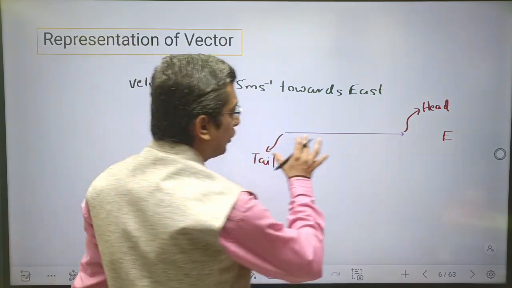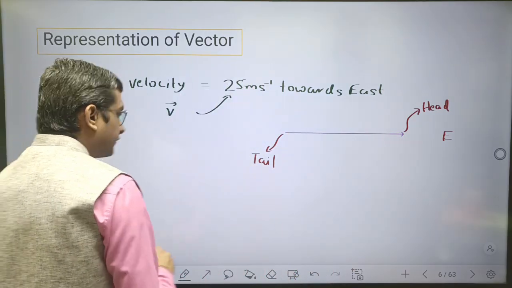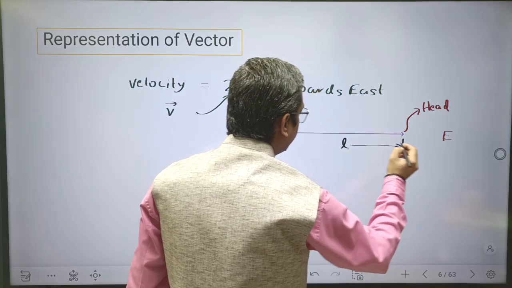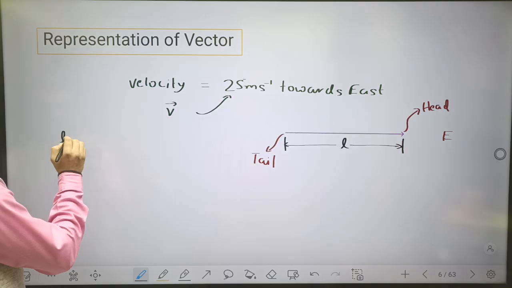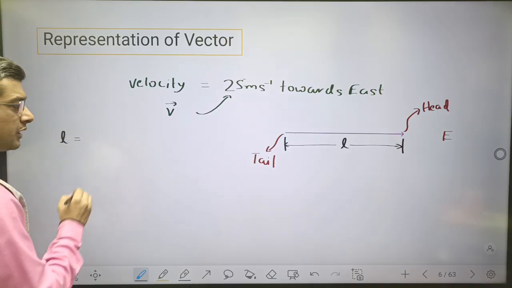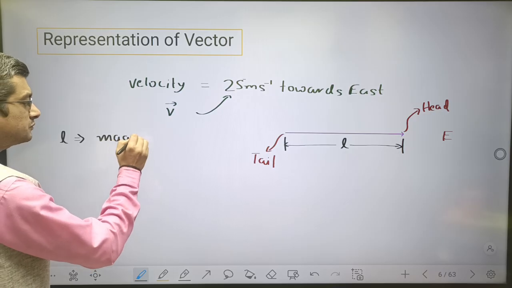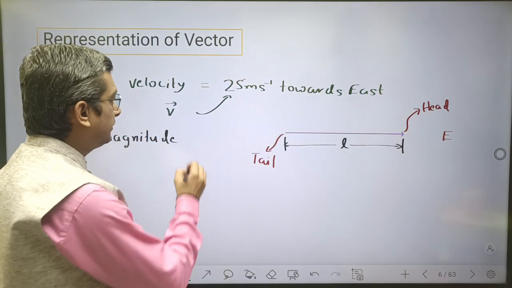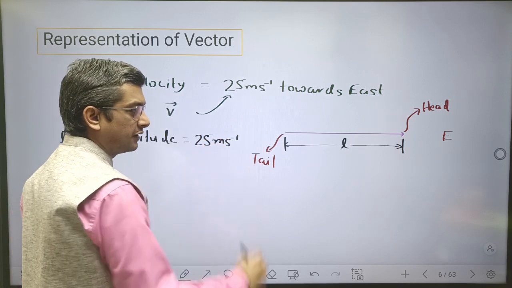Second step, what about the length of this line? So remember, the length of this line represents the magnitude of the vector, isn't it? So I am writing here L is equal to length of the line, which is equivalent to the magnitude of the vector. And what is the magnitude of this vector? This is 25 meter per second.